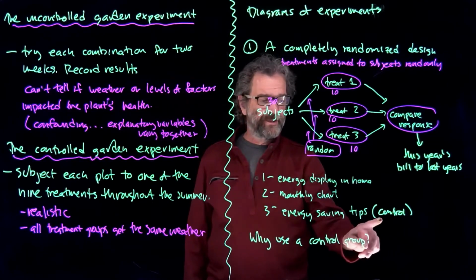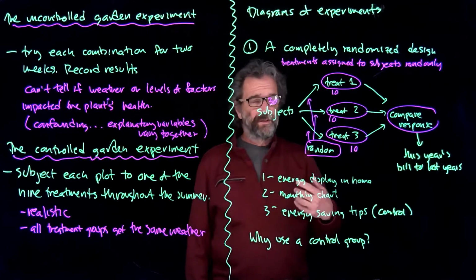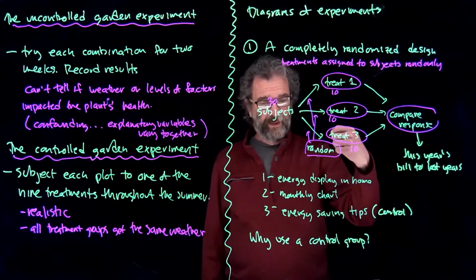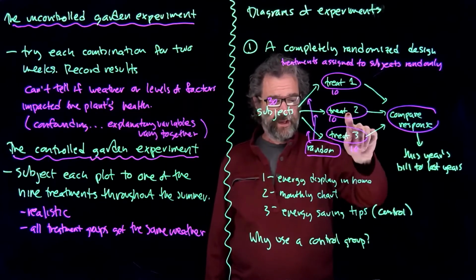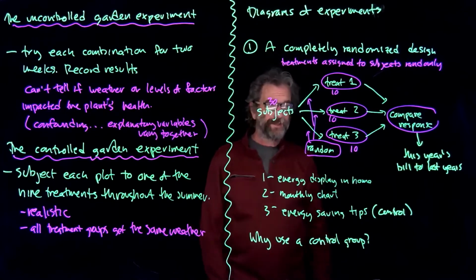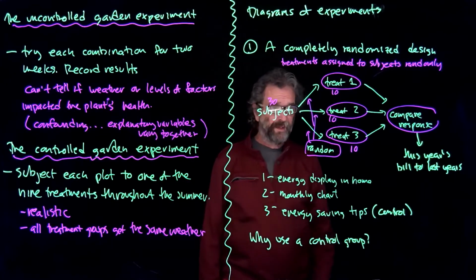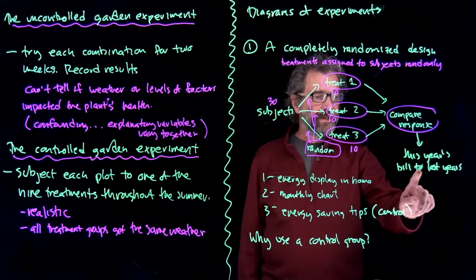They do that all the time, so that's the control group. It's the usual way of trying to get people to save energy. And then we'll take our, say, 30 homes, randomly assign treatments. 10 of them get energy displays, 10 of them get monthly charts, and 10 of them get energy-saving tips as a control group. And then we'll compare this year's bill to last year's bill.